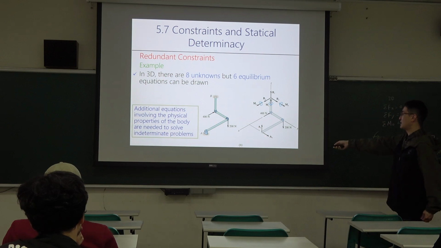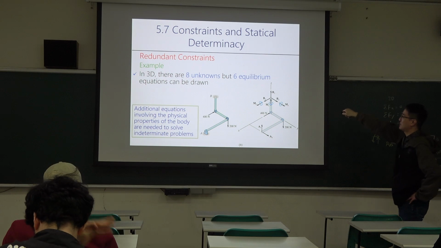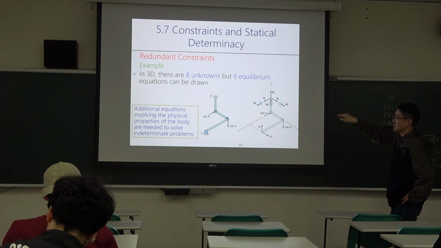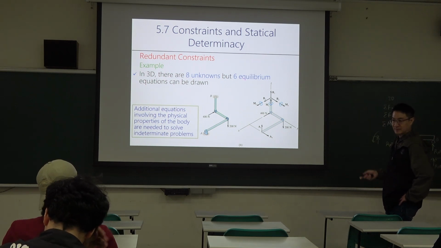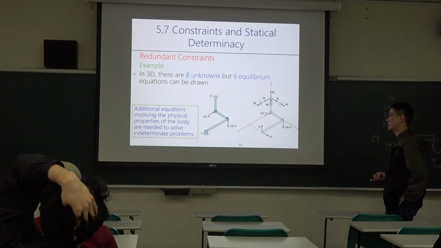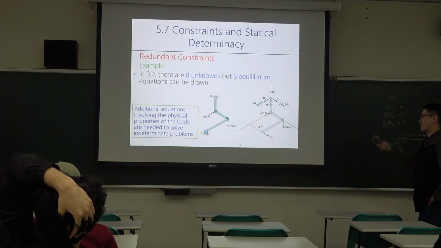So actually we have eight unknowns, but for a 3D problem we have six equilibrium equations, so we cannot solve it. So it is also an indeterminate problem.